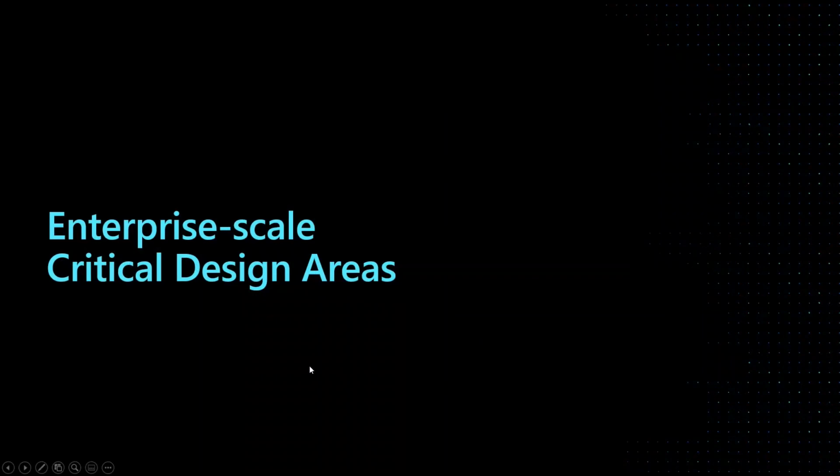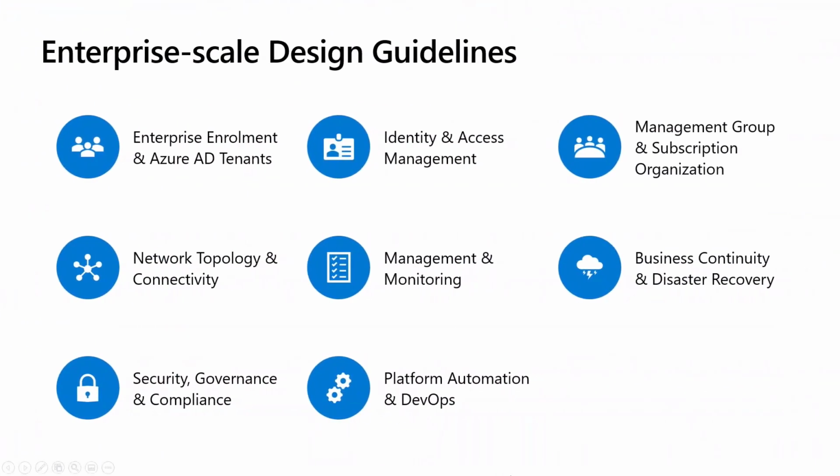Now, let's deep dive into the critical design areas. As I mentioned, we have 8 critical design areas. So the first one is about the commercial contracts, enterprise enrollment, enterprise agreement-based enrollments, or Microsoft customer agreement-based enrollments. The last one in that list is about platform automation and DevOps.